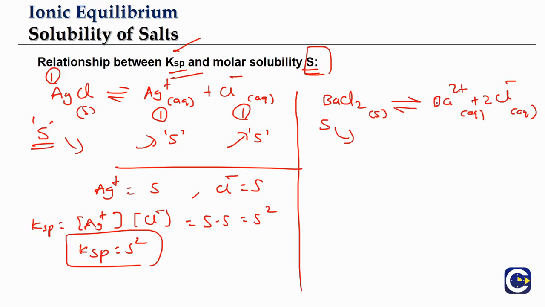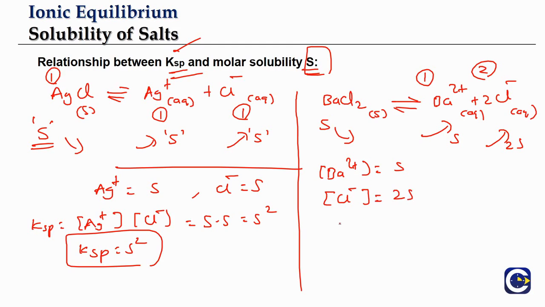Every BaCl2 particle will give 1 Ba2 plus, but it is going to give 2 Cl minus ions. If you are dissolving S moles per liter of barium chloride, you get S moles per liter of Ba2 plus, but the chloride ion concentration will be 2S. So the saturation concentration of Ba2 plus is S, and of chloride ions it is 2S.